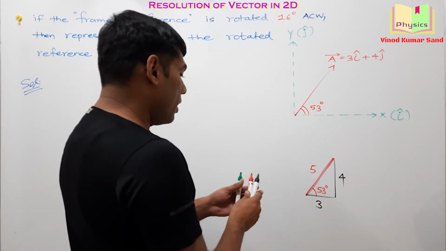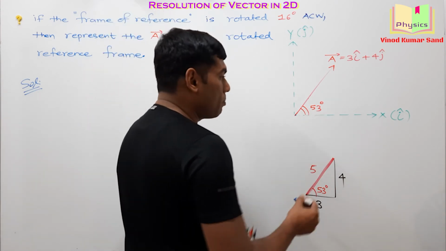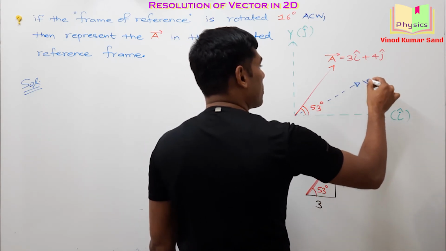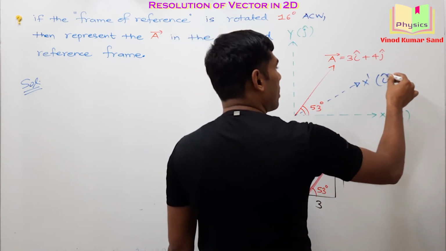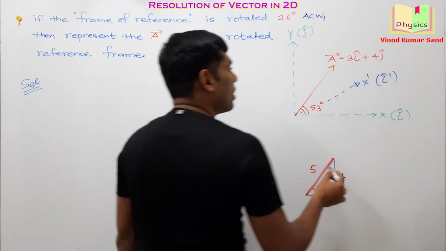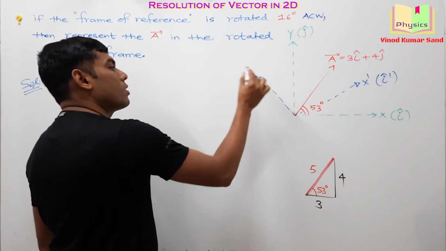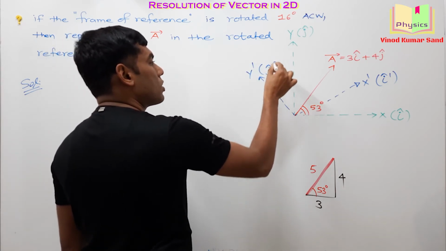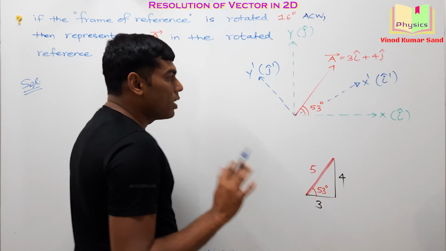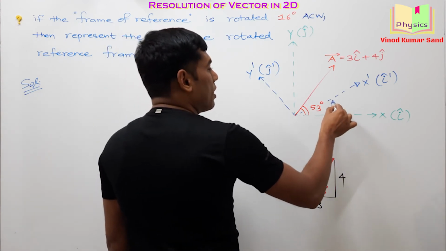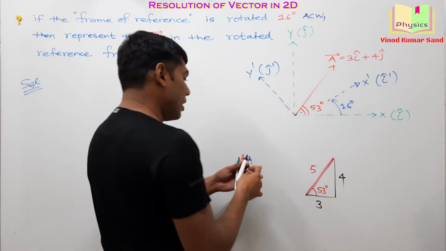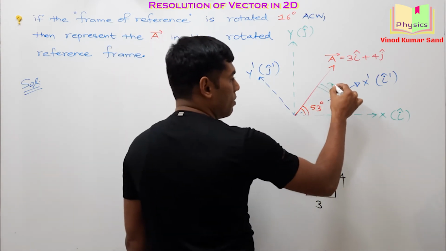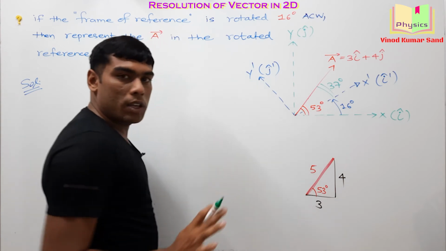Okay. Now we are rotating the reference frame by 16 degree anti-clockwise. So after the rotation, let's say this is x dash and we write it as i cap dash, and this is y dash. We write it as j cap dash. Okay. If you have rotated here by 16 degree, then the angle remaining here will be how much? 37 degree. Okay.